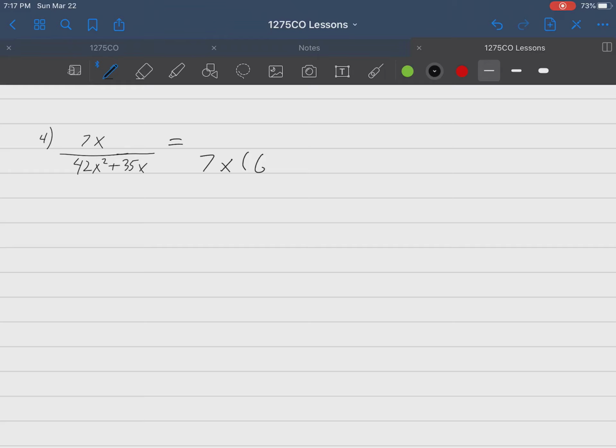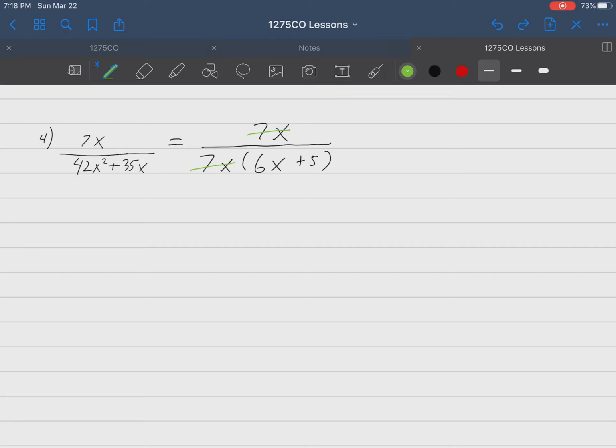So if we divide this out, 42 divided by 7 is equal to 6. And then there's one remaining x because we only factored out one of them. Plus 35x divided by 7x, that's going to be a plus 5. 7x remains on top. So 7x and 7x can both cross out. The 7's cross out. The x's cross out.